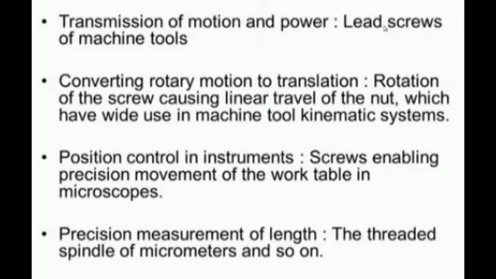And these are used for position control in instruments, examples like screws enabling precision movement of the work table in microscopes. And these are for precision measurement of length, for example, the threaded spindle of micrometers.